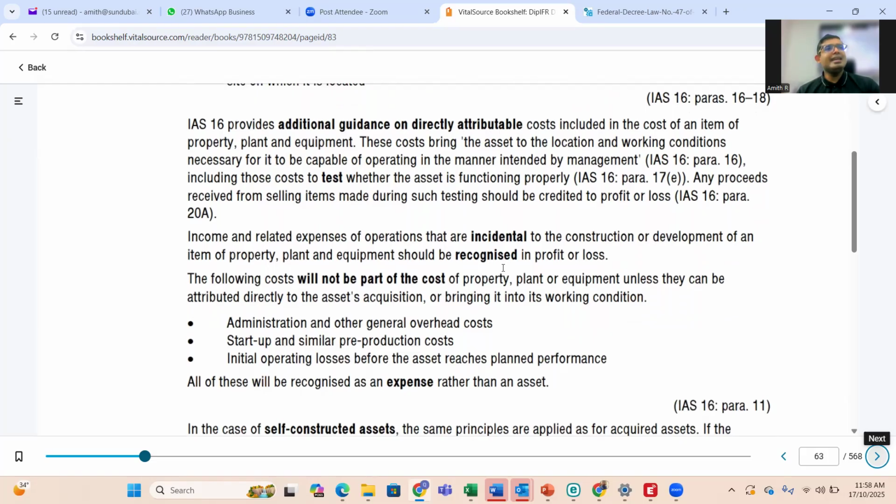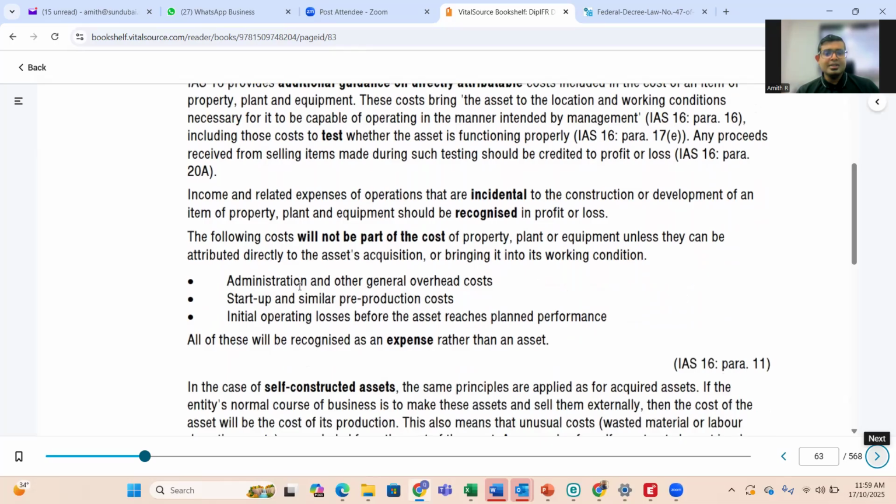Only directly attributable cost should be capitalized. Anything which is incidental should be expensed, or if it's an incidental gain, it should be credited to gain. The following costs will not be part of the cost unless they can be attributed directly to the asset's acquisition or bringing it into its working condition.